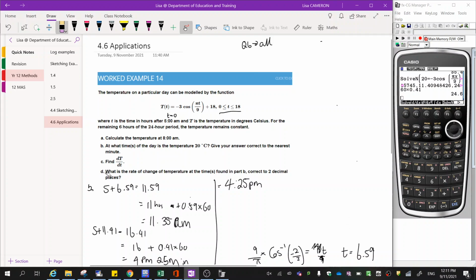Now, the next part is find the change in temperature with respect to the change in time. So we want dT over dt. So we're going to be deriving our original function of T with respect to time. So in here, I'm going to write the normal equation that we had before to show that I'm deriving the equation.